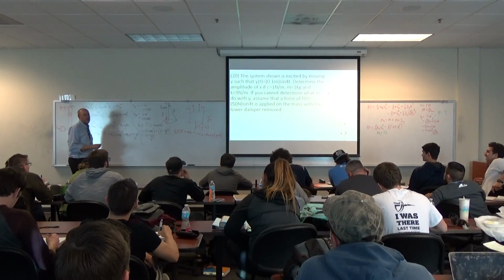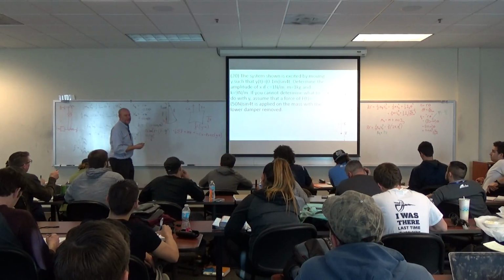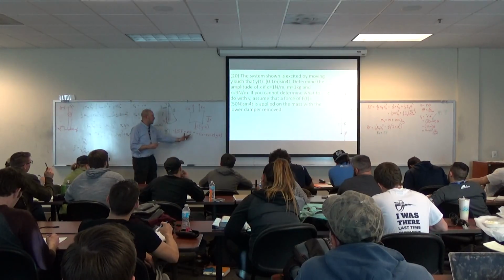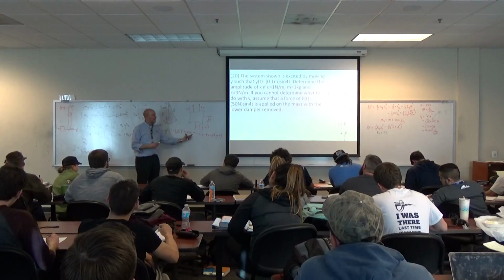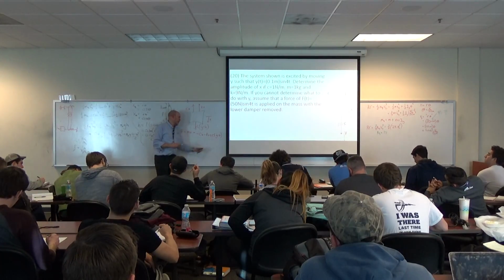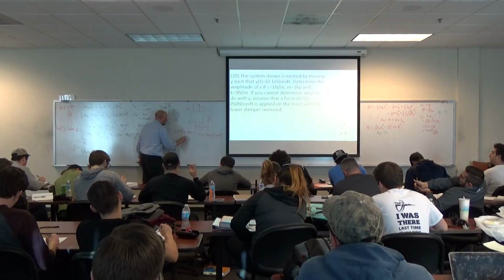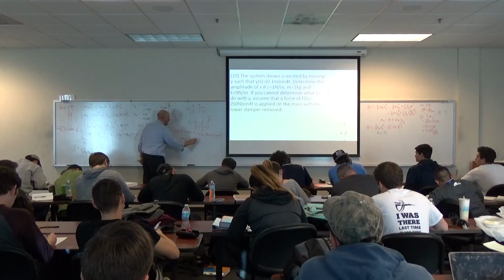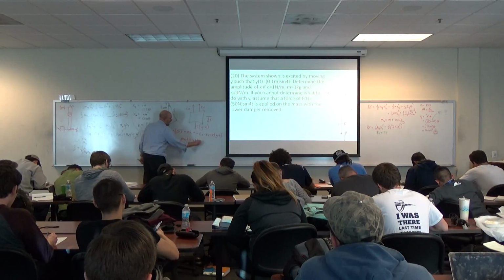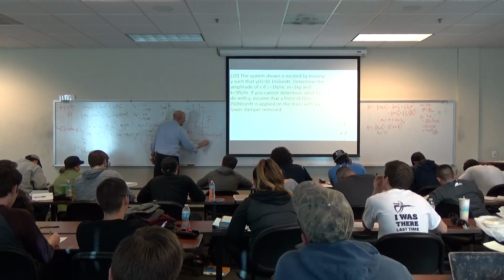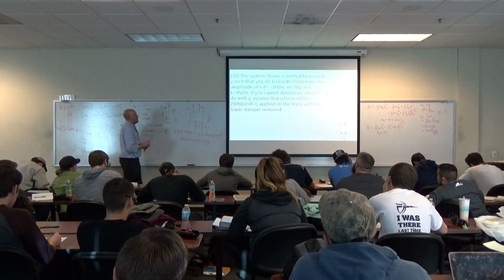Make it equal to 0. Not make it equal to 0. Right, we put all of our outputs on one side, all of our inputs on the other side. And so we get m x double dot plus 2c x dot plus k x equals c y dot.